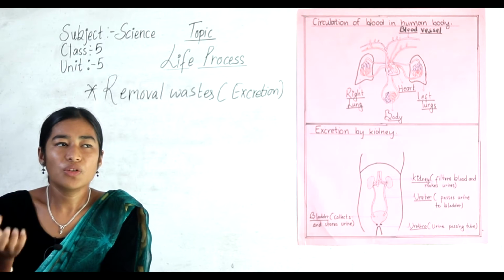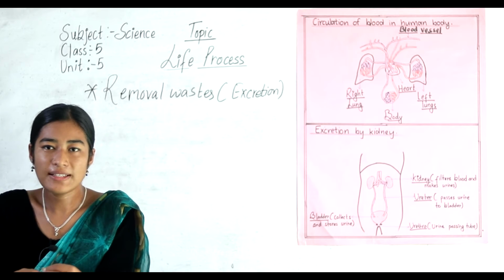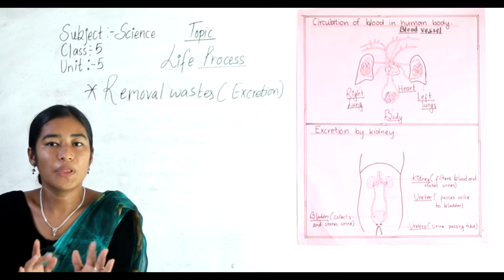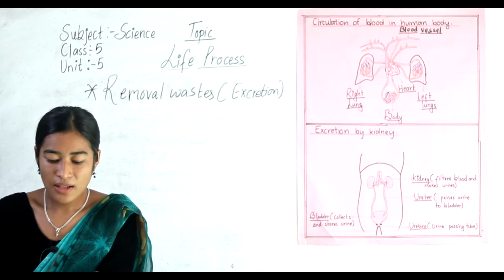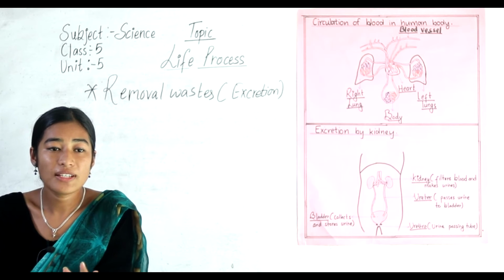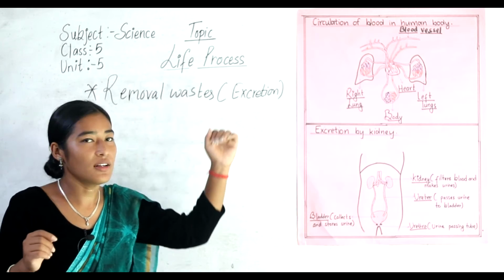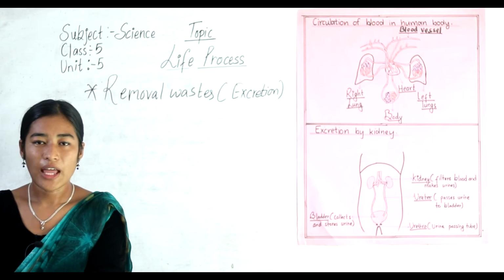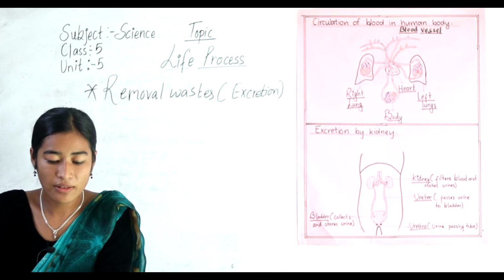When we eat food, the food contains necessary things plus unnecessary things. The necessary things are absorbed in our body and the unnecessary things are removed. That is called excretion. You will know it very well after reading this paragraph.